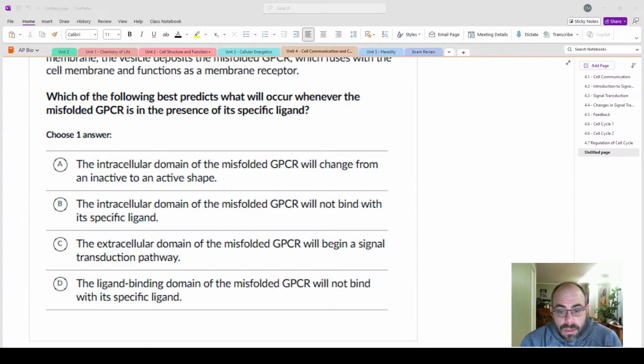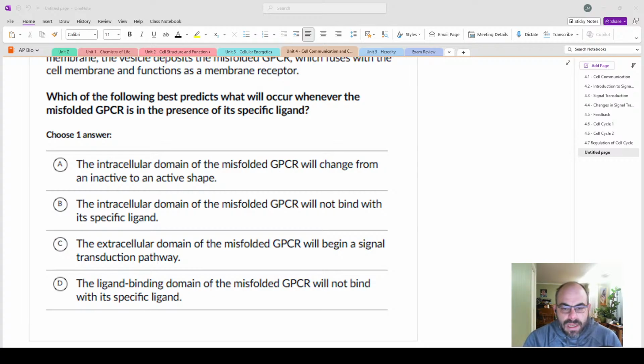However, the ligand binding domain of the GPCR is extracellular, not intracellular. And so it's just that one word. And see, that was one that I would have missed if I had just been trucking along, not paying attention. So D is the correct answer.